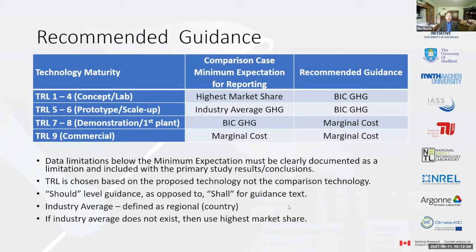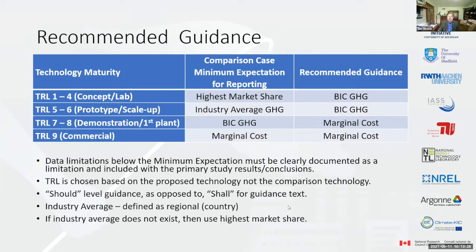So let's take a look at the recommended guidance. The team has structured this, if you look to the left of the table, based off the technology maturity. We've defined four ranges, which are generally consistent with the TRL, Technology Readiness Level definitions, which we'll hear more about. TRLs 1 to 4 is generally considered concept or lab level. TRL 5 through 6 is more of a prototype to scale-up level of technology readiness.